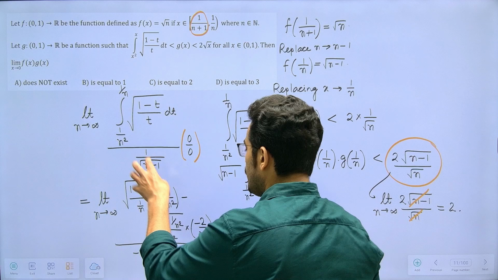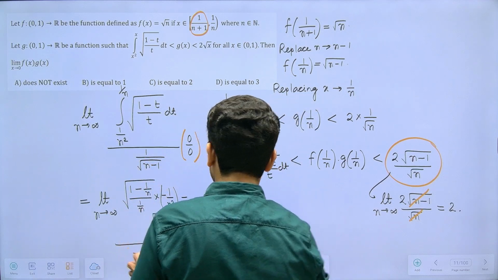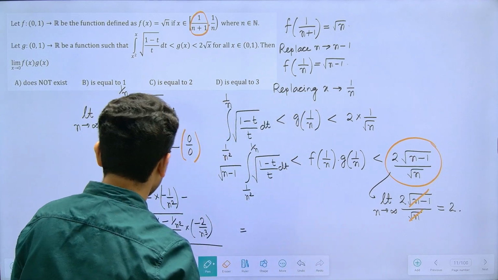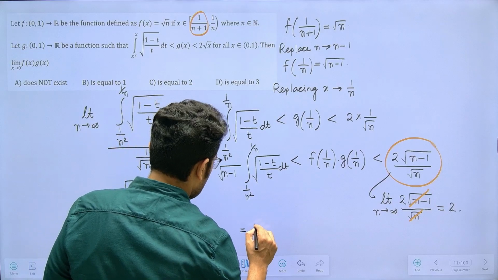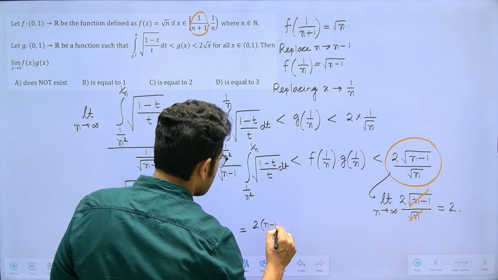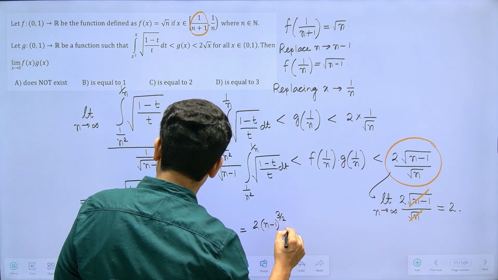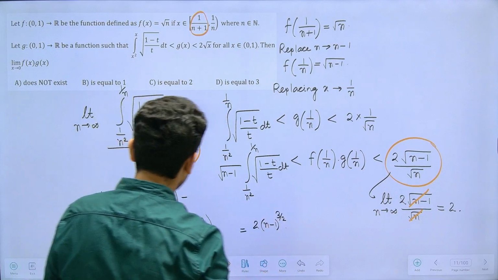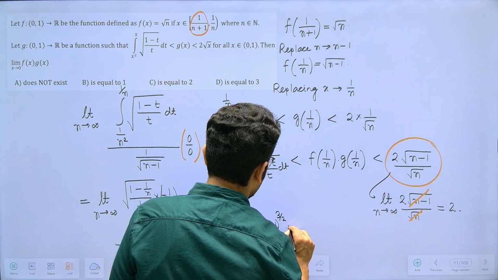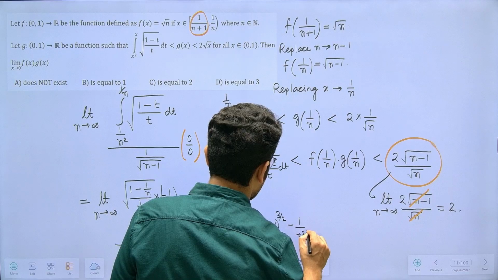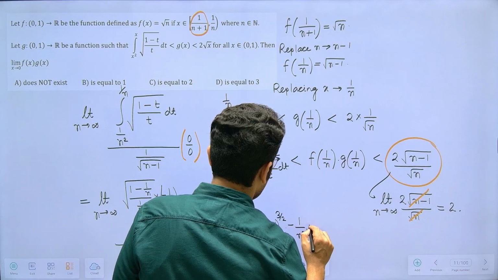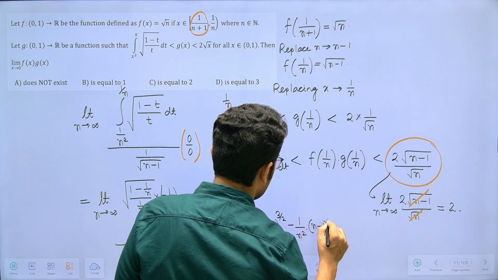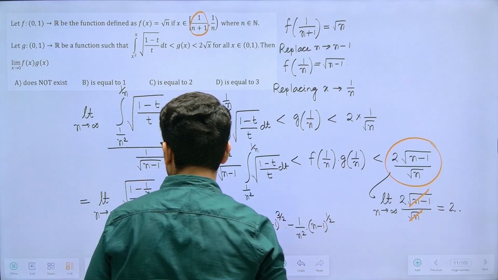If I take this in the numerator, then it is going to be equal to 2 into n minus 1 to the power 3 by 2 into, the first one will be minus 1 by n square into n minus 1 to the power half. That is the first one if you simplify.